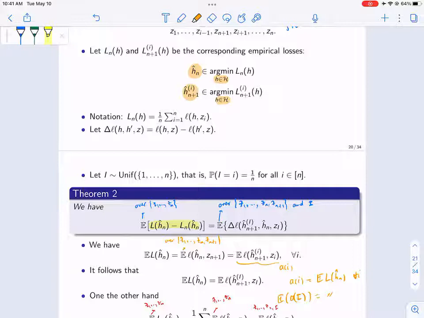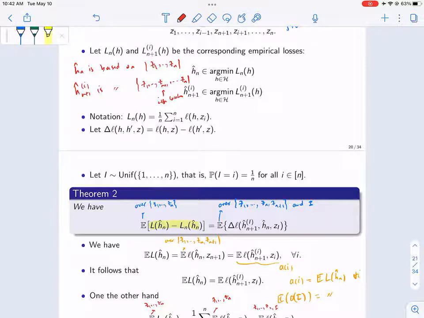The only thing that we used in the proof of theorem 2 is that h hat n is based on z1 up to zn, and then h hat n plus 1 is based on z1 up to zn plus 1, with zn replacing the ith location. So they can be used if these are regularized or whatever. This doesn't use this, so I should remove this.